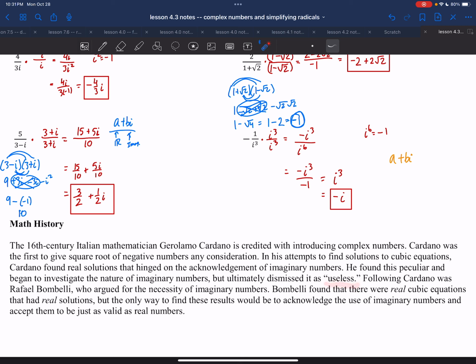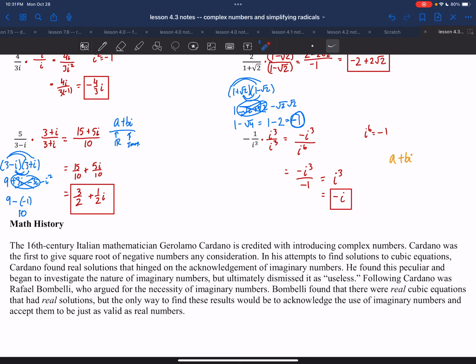So just like Descartes, he dismisses this as useless and not very important. But he was the first guy to look at a square root of a negative and say, hold on, I'm not just going to stop my problem and say that this isn't possible. I'm going to keep going. So he's one of the first guys to do that.